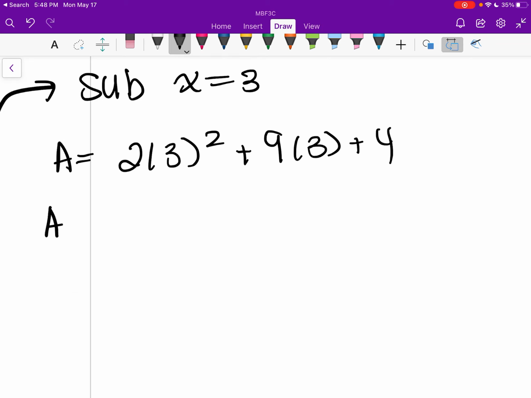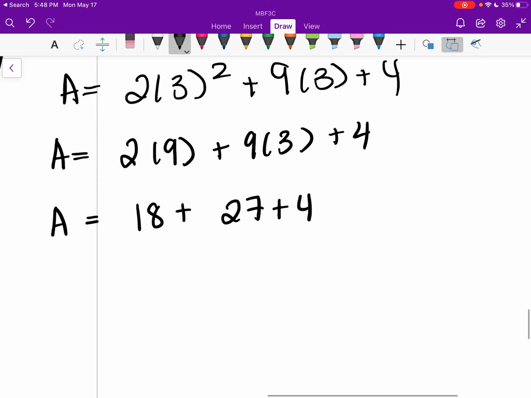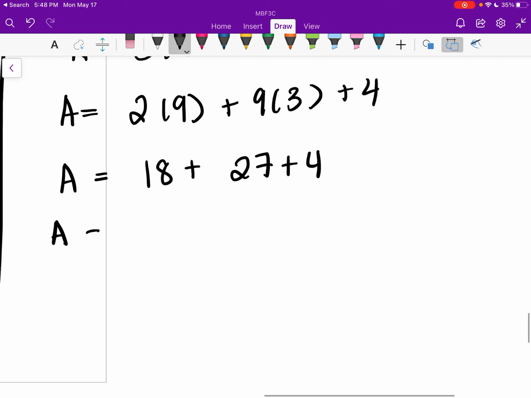So let's do area equals 2. Always do the squared first, so it's 2 times 9, plus 9 times 3, plus 4. Then you do multiplication just according to BEDMAS. 18 plus 9 times 3 is going to be 27, right? And then plus 4.